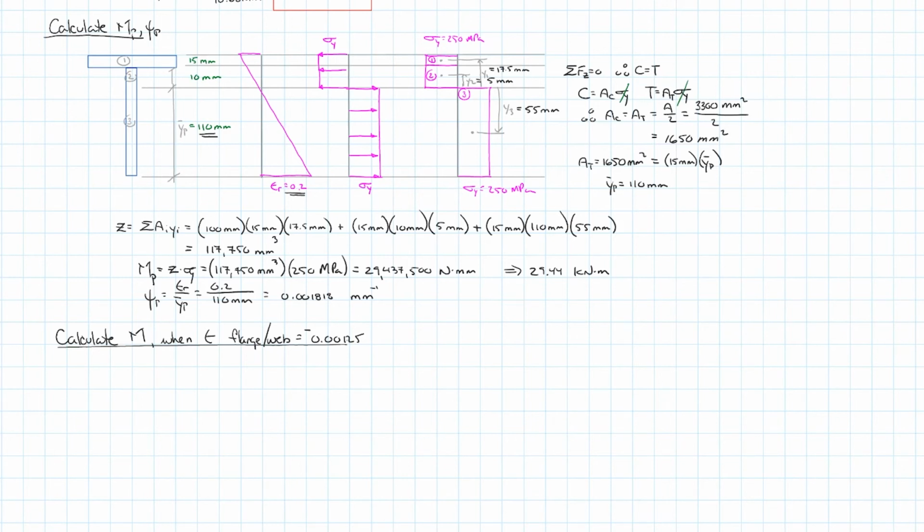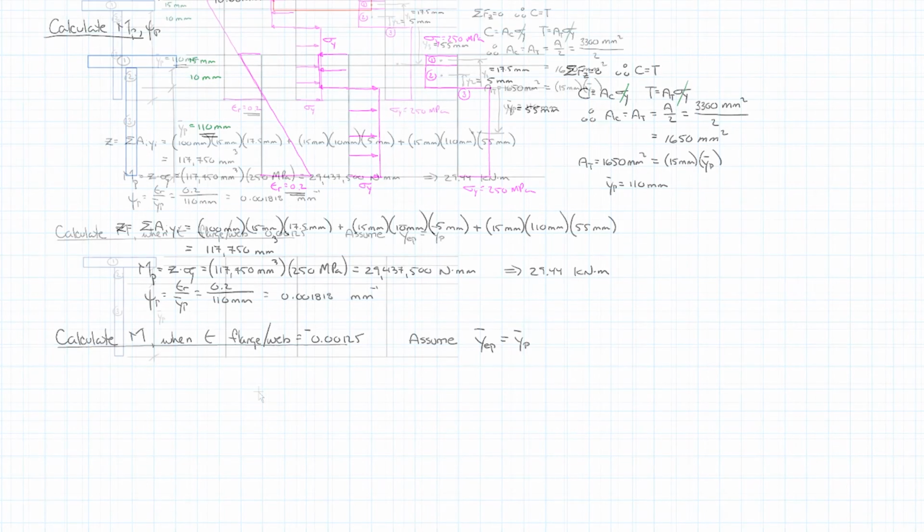So this makes it much more achievable, because what we're able to do is to say, assume, and we can demonstrate it later if we like, that y bar elastic plastic, so the location of the neutral axis for this condition, is equal to y bar plastic. And it's a good assumption. So let me just set up for my diagrams. We've got to do this one more time. We should be able to go through it fairly quickly and determine what the capacity is in this case.